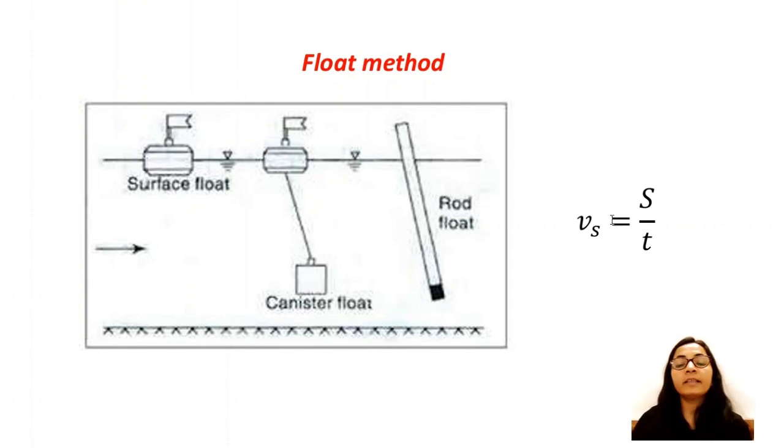So here S is the distance and T is the time, and by using this formula we will get the velocity of flow at the surface. And to get the mean velocity, we will multiply this surface velocity with a constant, like we were doing in the flooding condition, where we multiplied the velocity with k. That was the constant and it varies from 0.85 to 0.95.